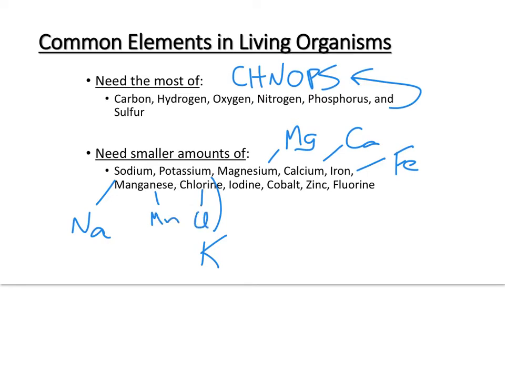Chlorine is Cl. Iodine is just I. Cobalt is Co. Zinc is Zn. And fluorine is just F. So these on this slide I would expect you to be familiar with and comfortable with. If it's not on this slide, it's not one that I expect you to know the symbol of or know that much about.